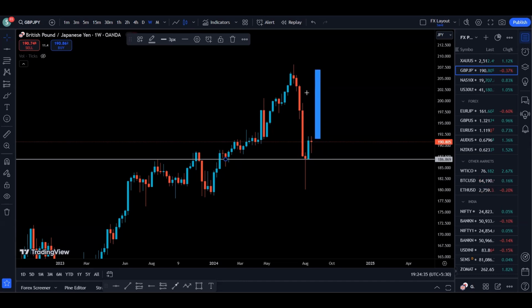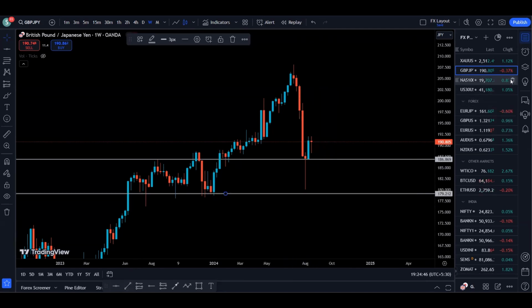Also we have clean range on the left hand side. So that is something on the weekly time frame to the upside. Also we can see that we have the next support right into these areas.